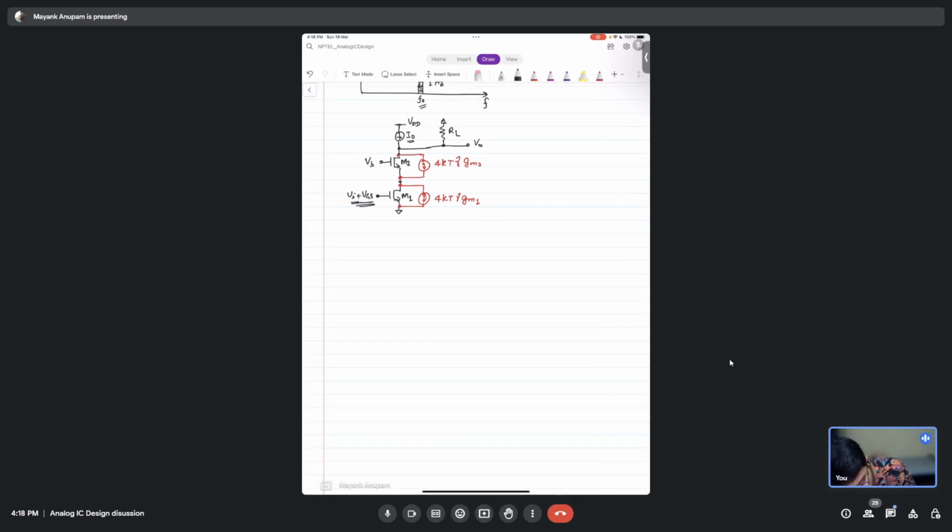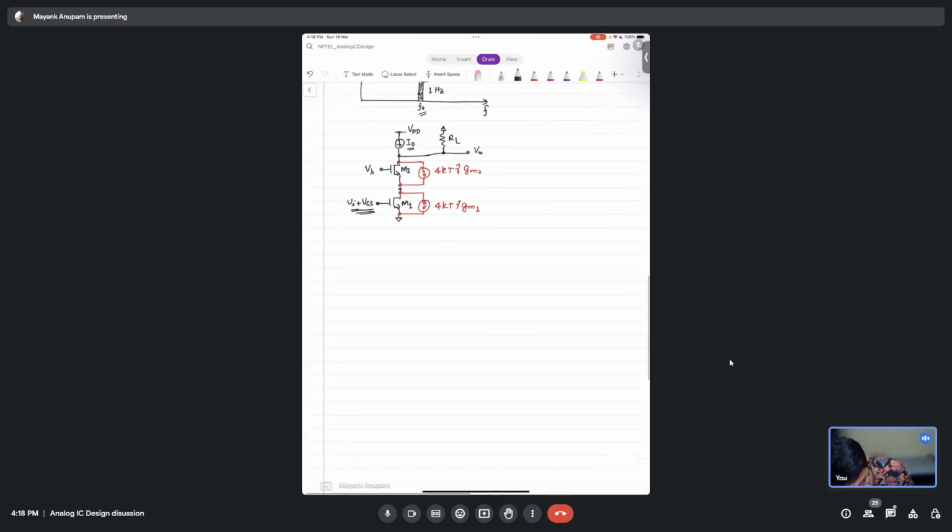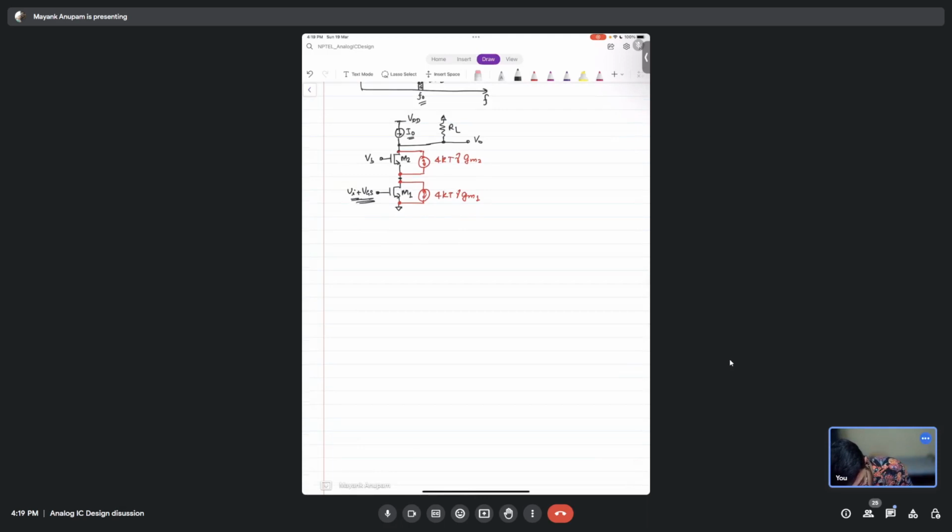Yeah, so let's first take M1. Okay, so let's write, and for timing, let's not write it as 4kTγgm2 and gm1. Let's just write it in terms of IN2 and IN1.